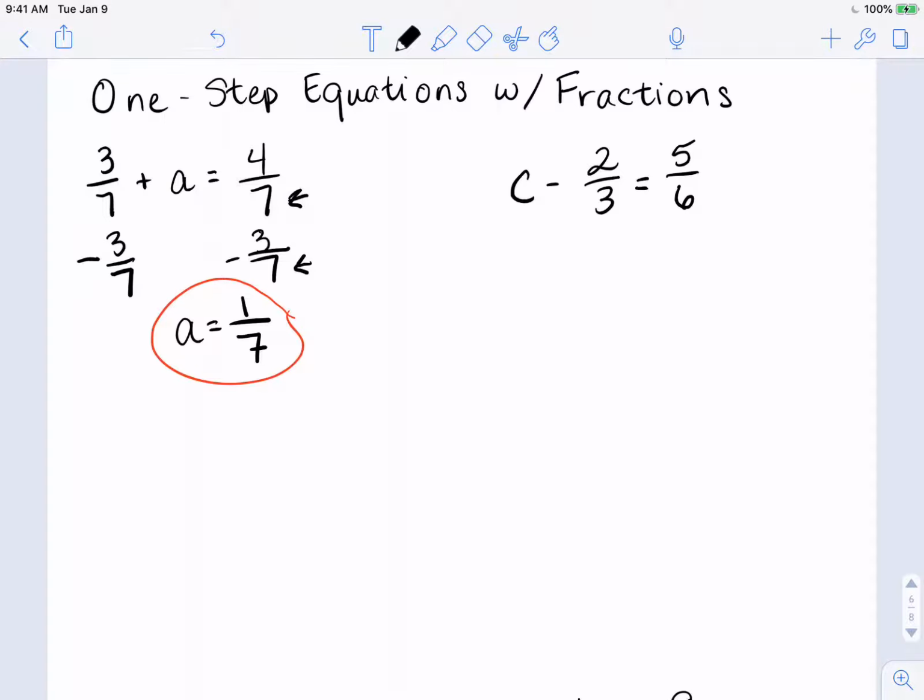For the next one, why don't you go ahead and tell me what your first step is? Your first step is going to be adding 2/3 to both sides. Now, if you look at 5/6 and 2/3, they do not have common denominators, meaning the denominators for 5/6 and 2/3 are not the same.